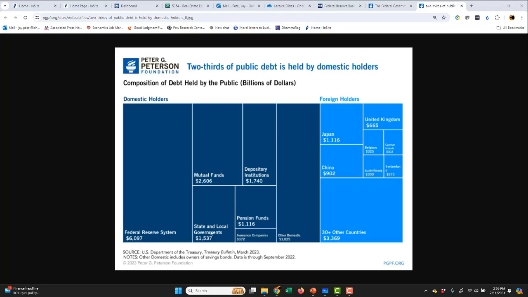And then you see mutual funds, local governments, pension funds, and then we have foreign holders. Everyone talks about how China and Japan own so much debt. You can see their total holdings in comparison to how much our Federal Reserve System holds. The Federal Reserve System is much more.